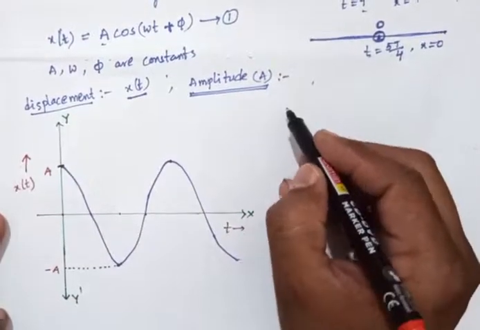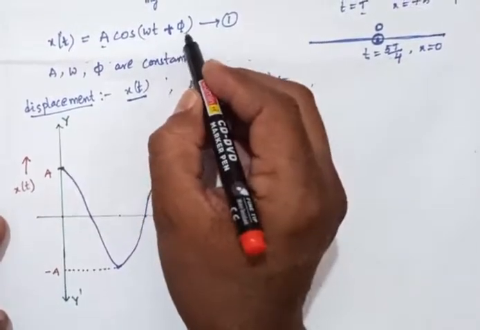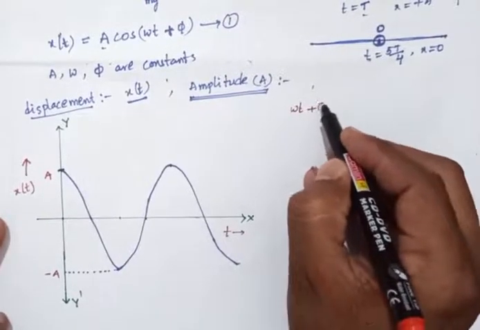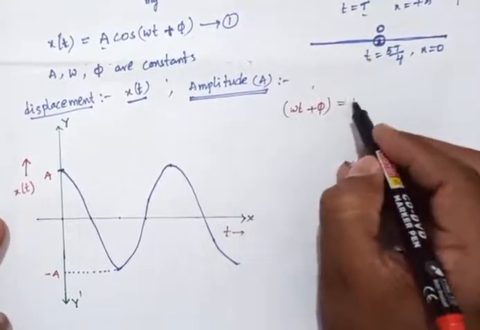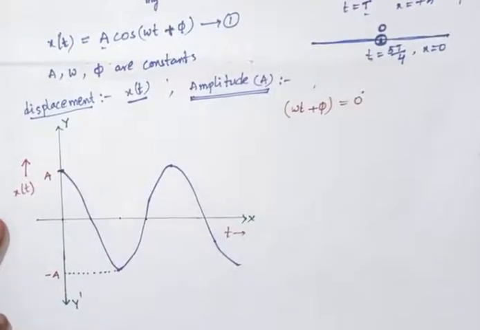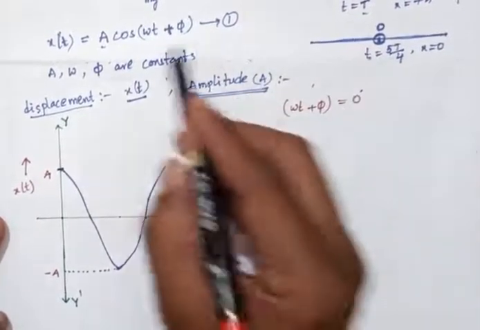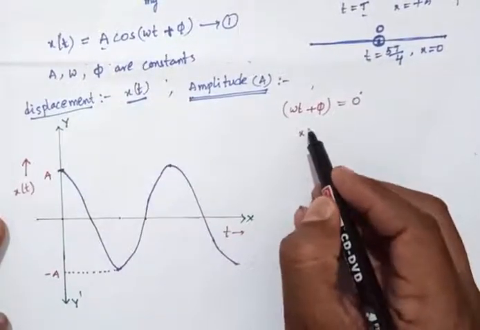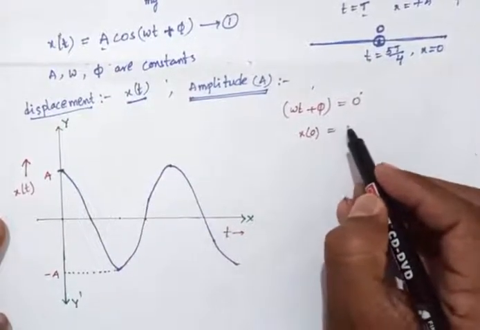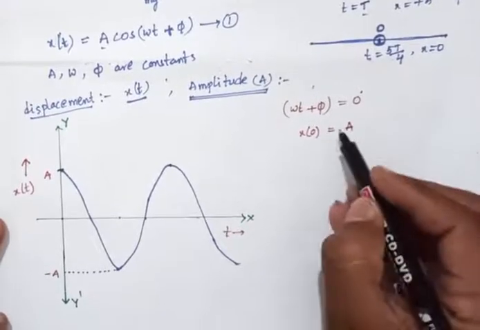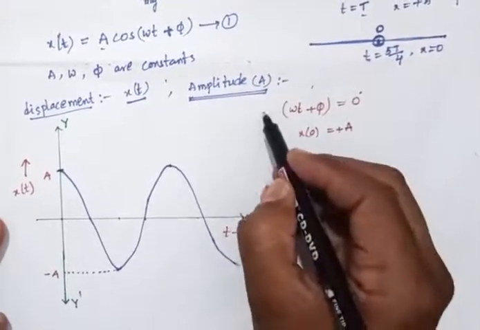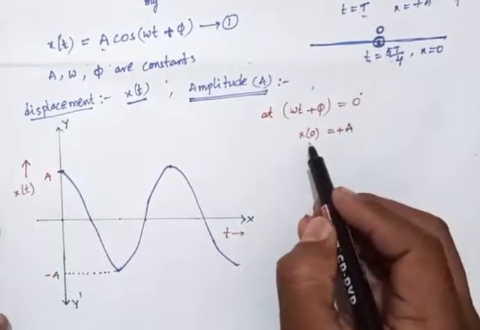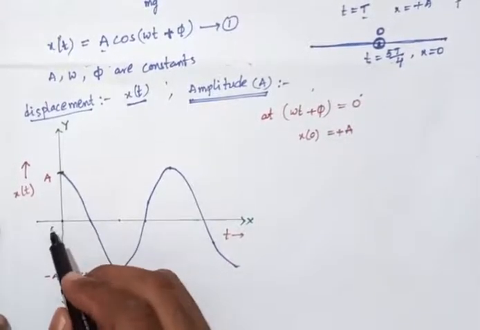First of all, the angle omega t plus pi is taken as 0 degrees. At 0 degrees, cos 0 equals 1.